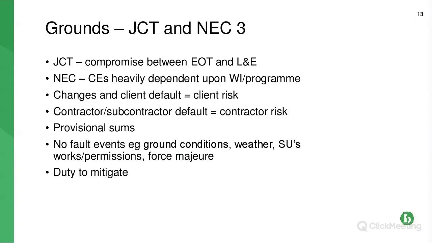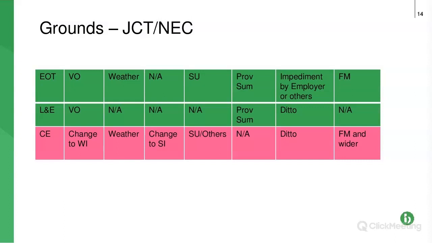So let's skip on to this chart and I'll explain this. These are the grounds for getting extra time and extra money. The green is JCT, pink is NEC. The reason that green is split is that, as we've seen, we have clause 2.26 as extension of time, so that's why the top one at the left hand side says EOT, extension of time under JCT.